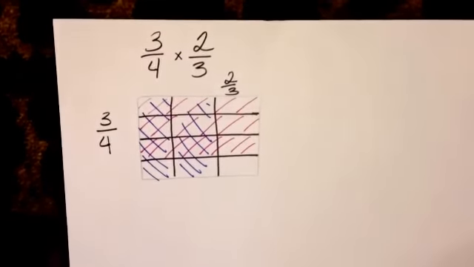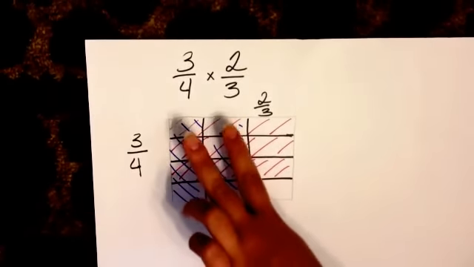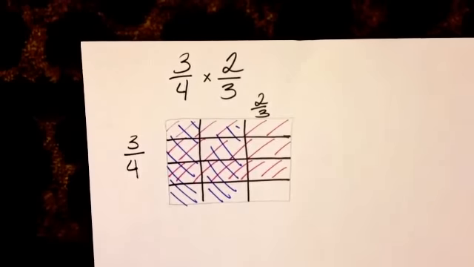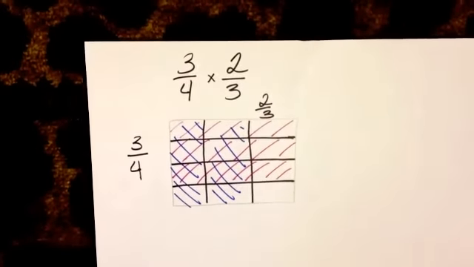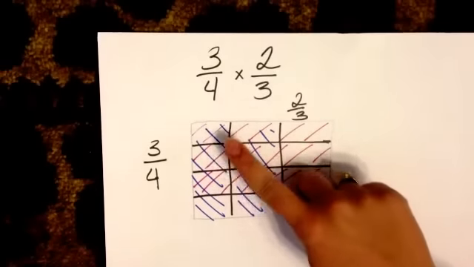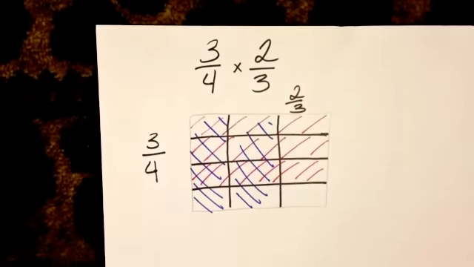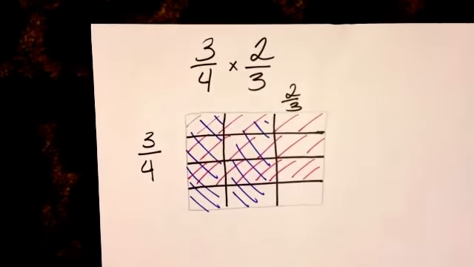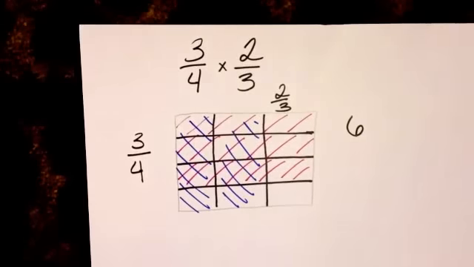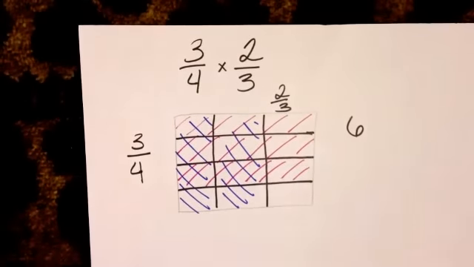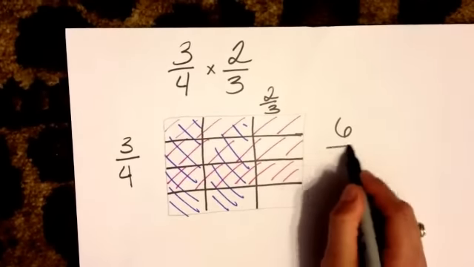The answer to your fraction is going to equal the number that are shaded by both colors over the total number of squares you have. So in this case, we have 1, 2, 3, 4, 5, 6 boxes shaded with both colors. So our new fraction will be 6 over 12.